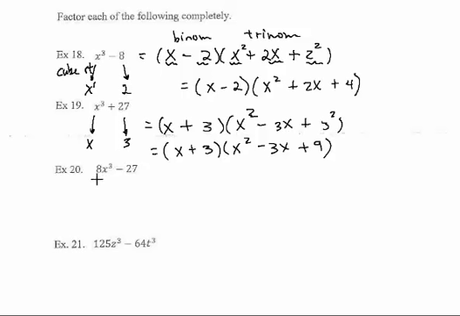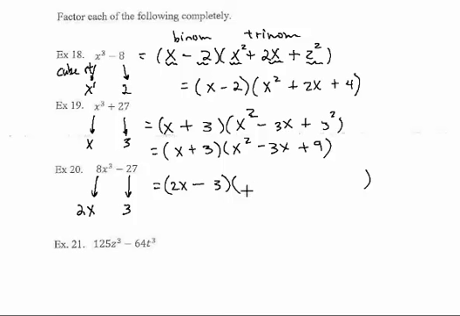Example 20, we have the cube root is a 2 and an x, and then 27 again, cube root is 3. So we write 2x and a 3. The sign was the difference of perfect cubes, so we put the difference between these 2 terms, minus.